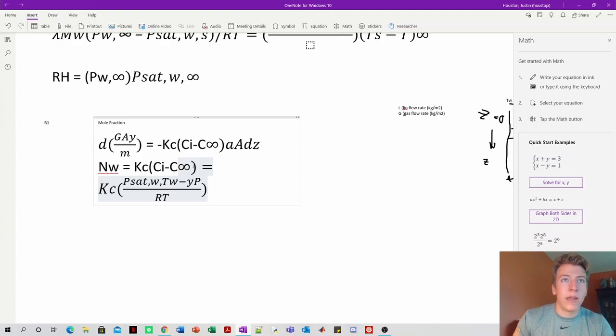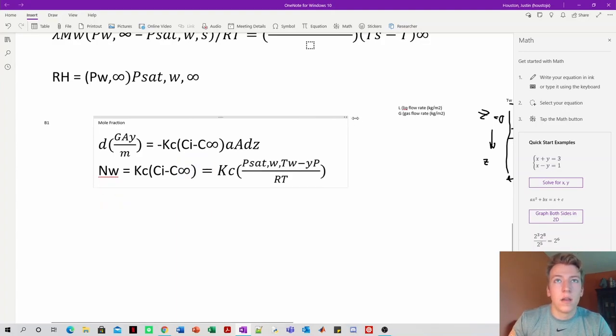So now that we have that, we can simplify this top equation even further.